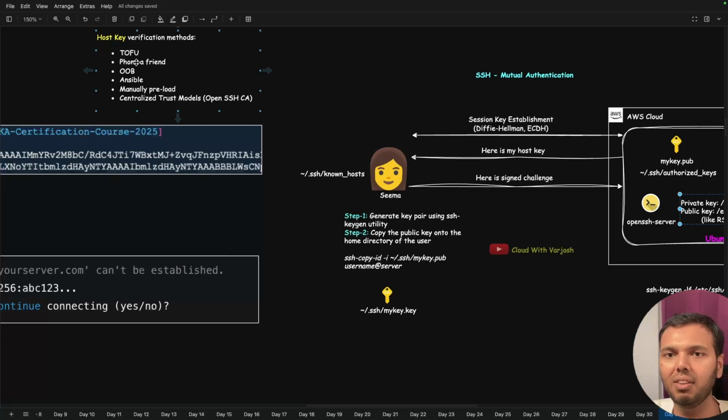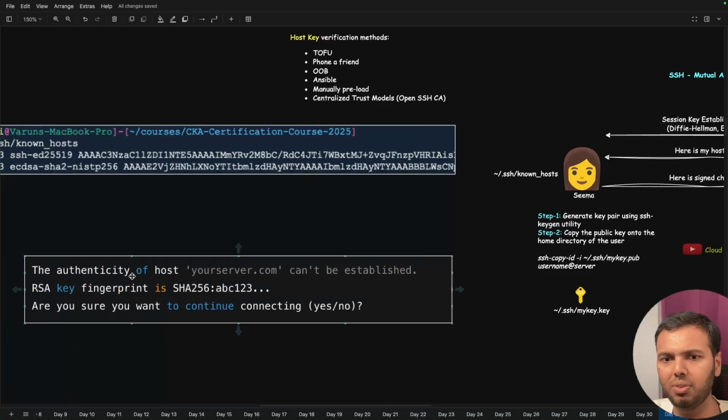The first is trust on first use, and you would have seen this prompt a lot of times: the authenticity of this host cannot be established, the RSA key fingerprint is this, are you sure you want to continue connecting? Most of us press yes here. If Seema trusts that this is the Ubuntu VM she wants to connect to, she can press yes. That is called trust on first use, and then she can continue.